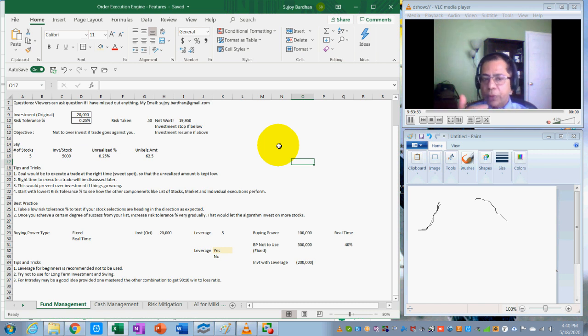So what happens is the algorithm will look into exactly what you are asking it to do. You will be looking into 4 or 5 or 6 order executions with long positions at the same time, and all 5 will go correct. That's the perfection level you need to be at.